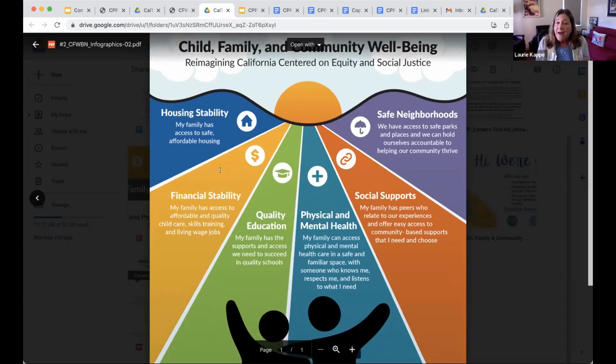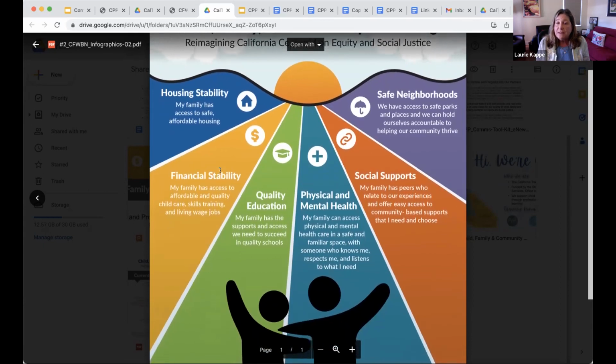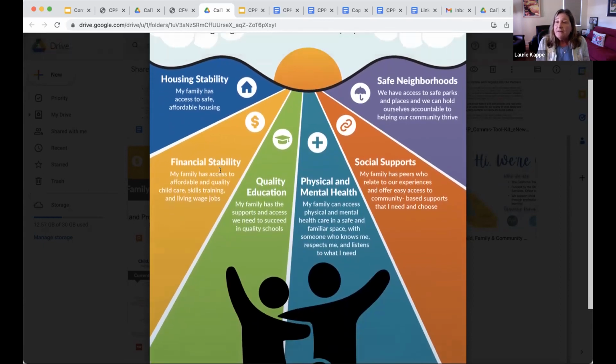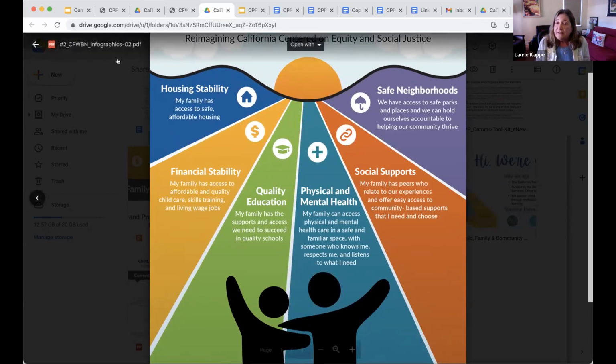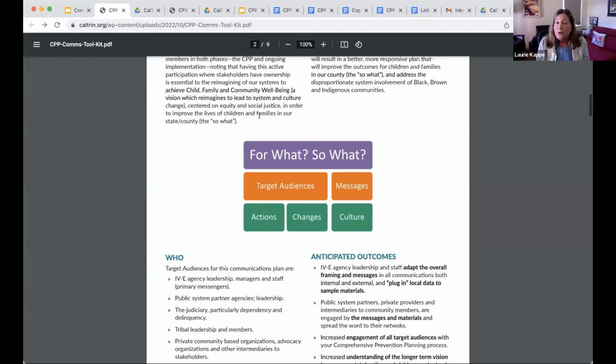A vision where we have housing stability and financial stability and quality education, physical and mental health, social supports, and safe neighborhoods. So beyond the details of our comprehensive prevention planning, I'd like you to all keep this as your North Star. So now I'd like you, Beth, if you could please take us to page 1 of the toolkit.